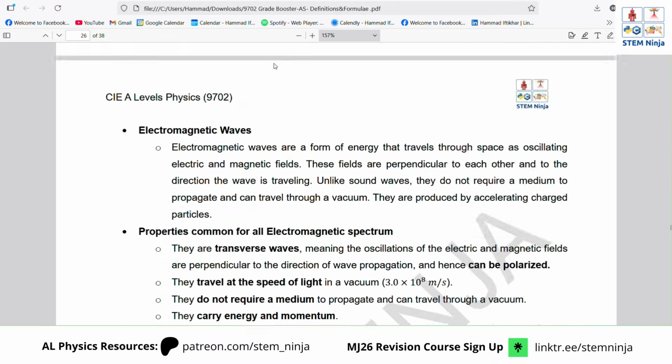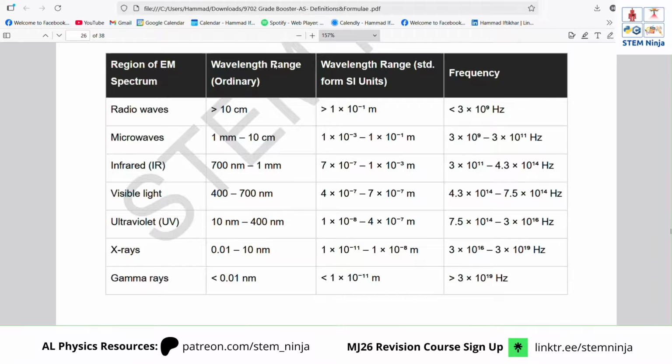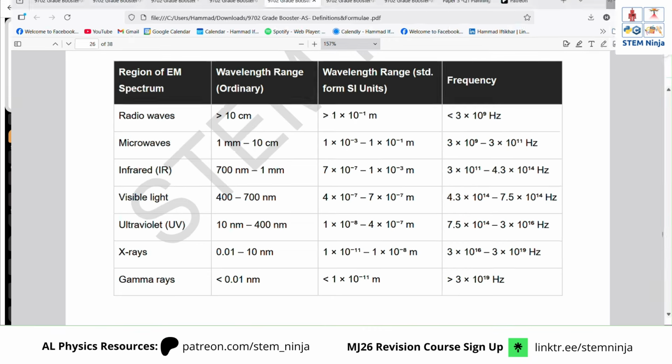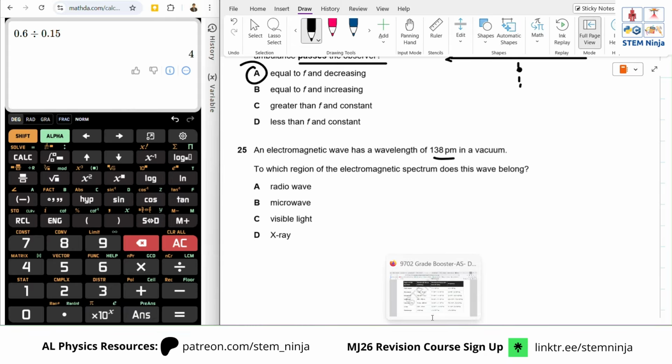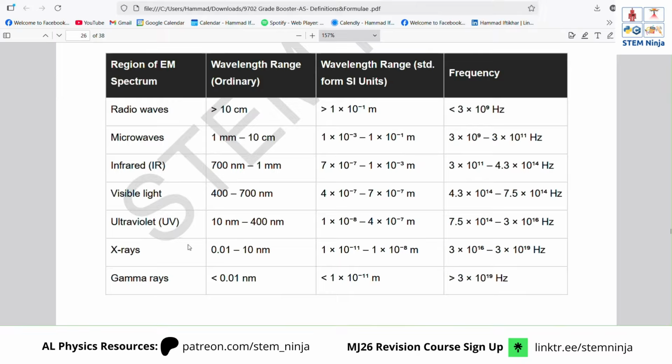So these are wavelength ranges. So this is in gamma. Pico is less than this. Pico is 10 raised to the power minus 12. So it will be in gamma. Oh, there is no gamma. Okay. X-rays.